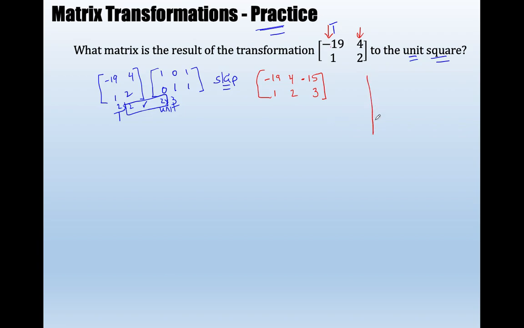So I could draw this. Negative 19, 1. 4, 2. And negative 15, 3. These are my position vectors.